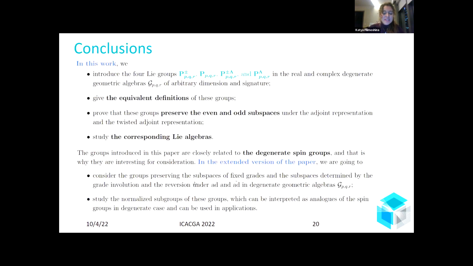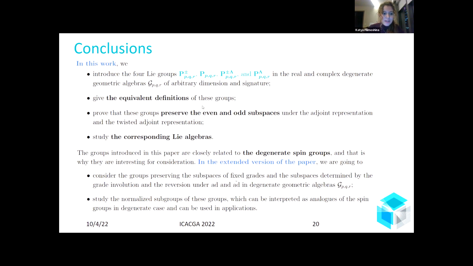Now, let us make some conclusions. In this work, we introduce the four types of Lie groups: P, P plus minus, P lambda, and P plus minus lambda. We consider both the real and complex degenerate geometric algebras of arbitrary dimension and signature. We prove that there are several equivalent definitions of these types of groups.